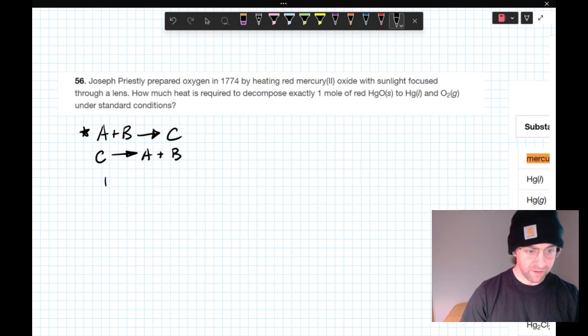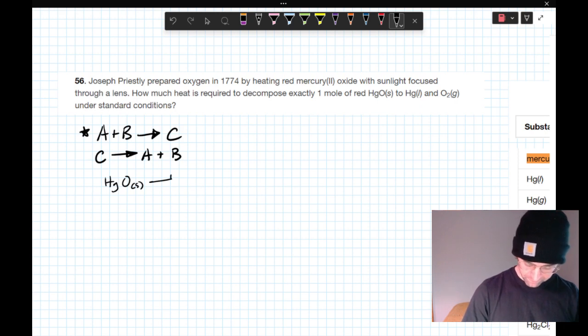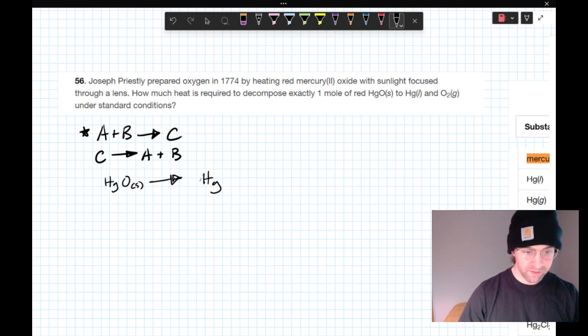So let's go ahead and write down our reaction. We're going from solid red mercury(II) oxide. We want to decompose it into liquid mercury and gaseous oxygen.